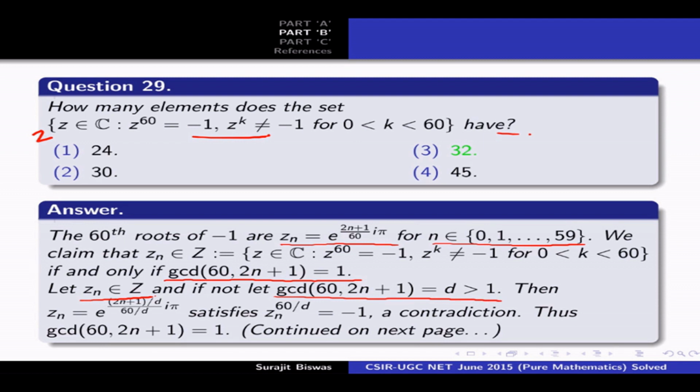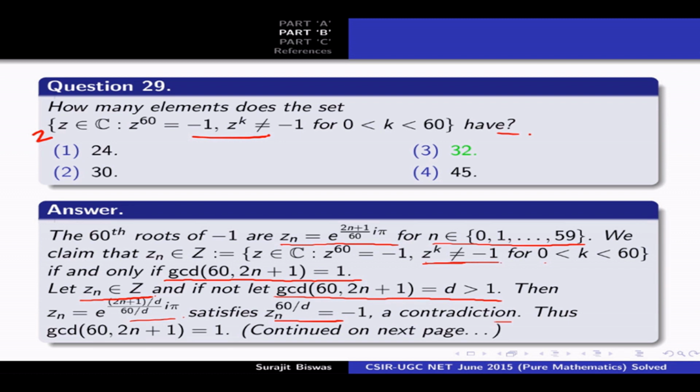Then Zn can be written as e to the power ((2n+1)/d) divided by (60/d) times i pi, and this will satisfy z to the power 60/d equal to minus 1, and this is a contradiction because we have assumed Zn is in Z, so we cannot have any k strictly between 0 and 60 so that z to the power k is minus 1, but that is happening here.